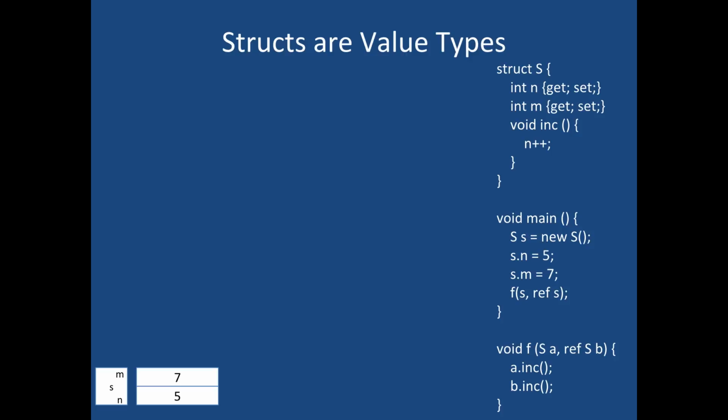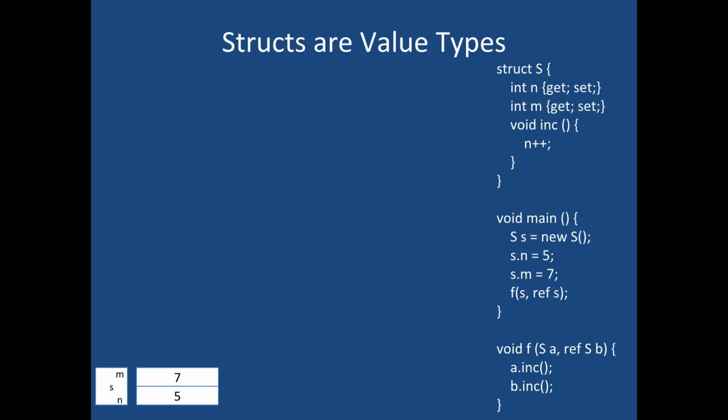What happens when we pass it? When we call f, notice we're passing s two ways to f. What's the picture going to look like there? F is getting a struct s and a ref to a struct s as parameters. See if you can predict what happens. Yeah?